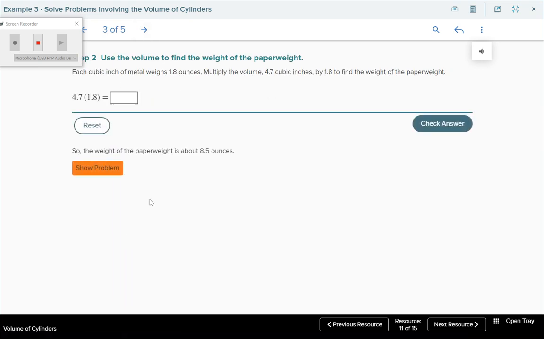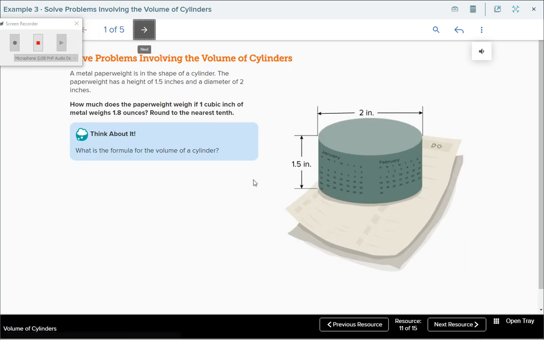Now, what are we going to do with that volume, 4.7? This says we're trying to find the weight of the paperweight. Going back to the first part of the question: how much does a paperweight weigh if 1 cubic inch of metal weighs 1.8 ounces? We figured out that the volume of this paperweight was 4.7 cubic inches, right? So what are we going to multiply that times? We know that 1 cubic inch equals 1.8 ounces.